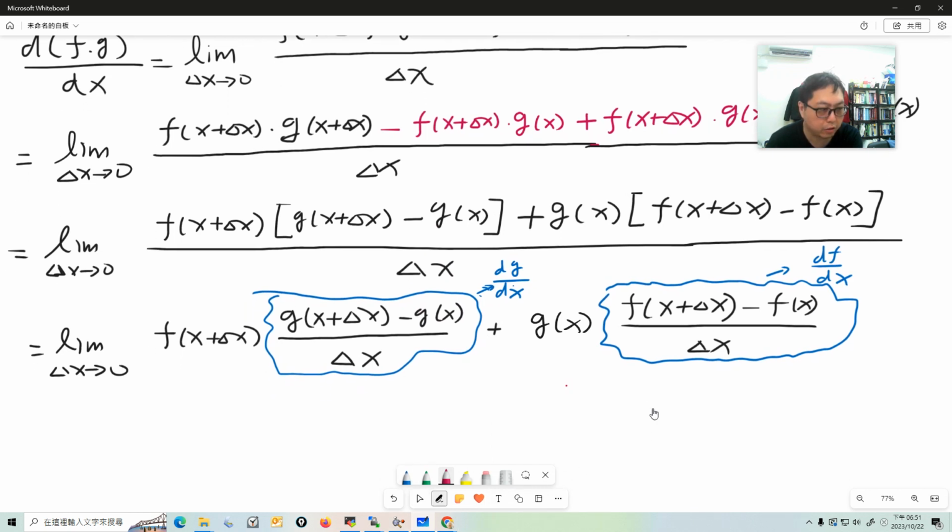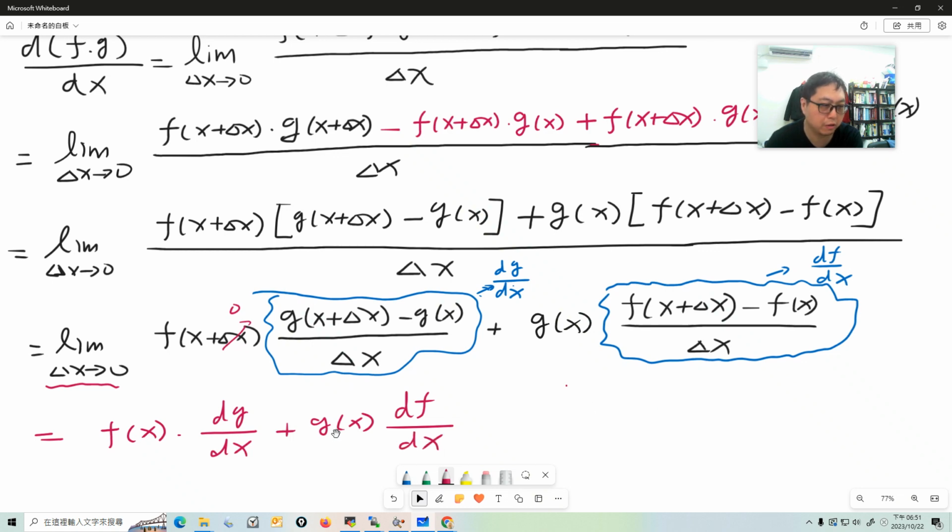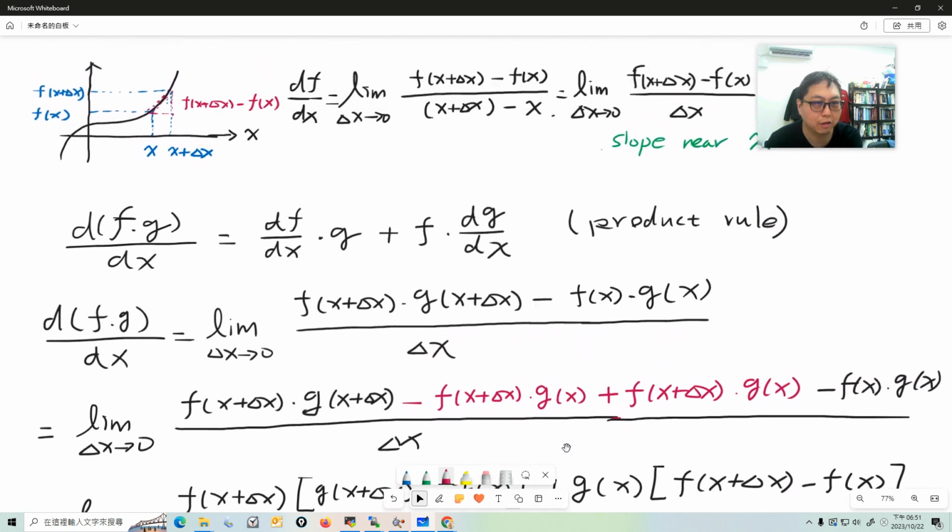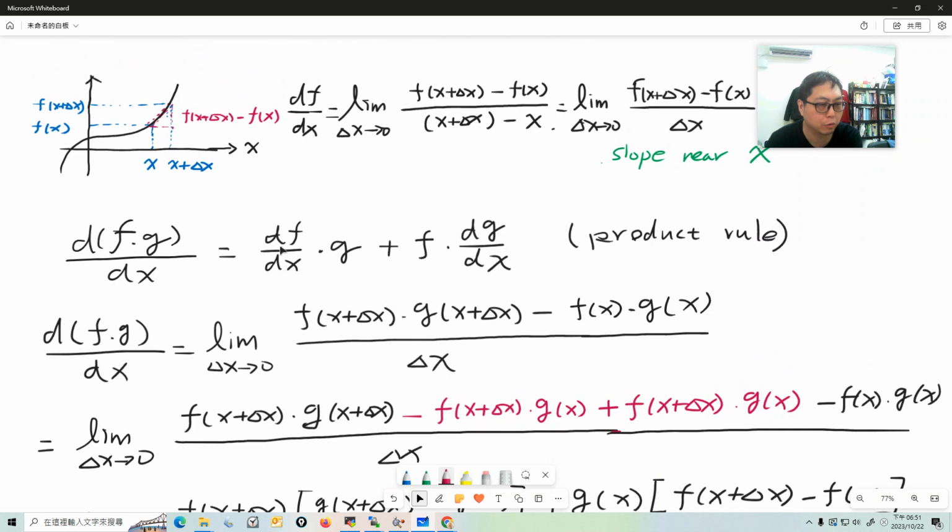As delta x approaches 0, what we get is f of x times dg over dx plus g of x times df over dx. These two terms are just reversed, but that doesn't matter. That's the product rule.